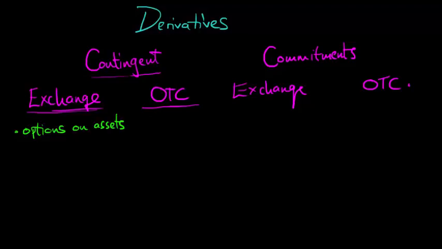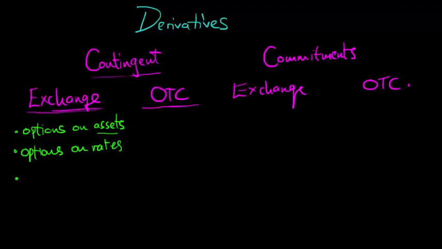So these are actual assets. Another one is options on rates. In this case, it's not an option on the bond itself, but on some category of interest rates. So it's the percentage.